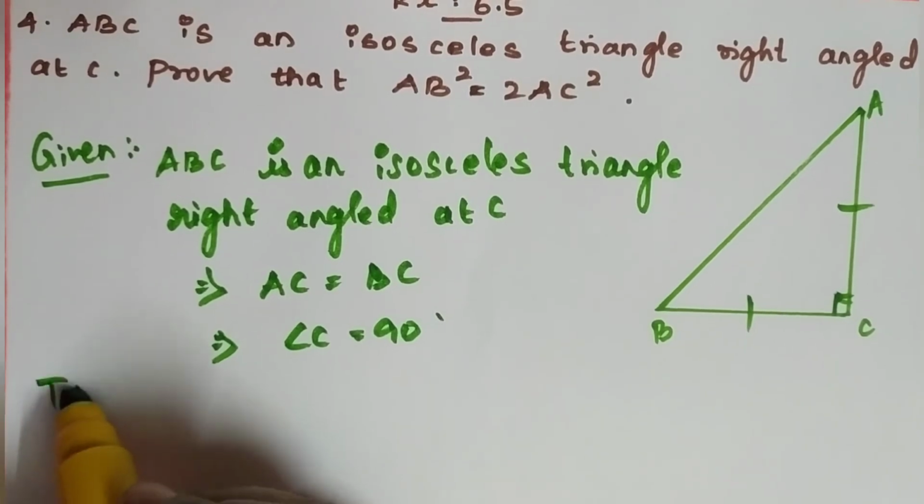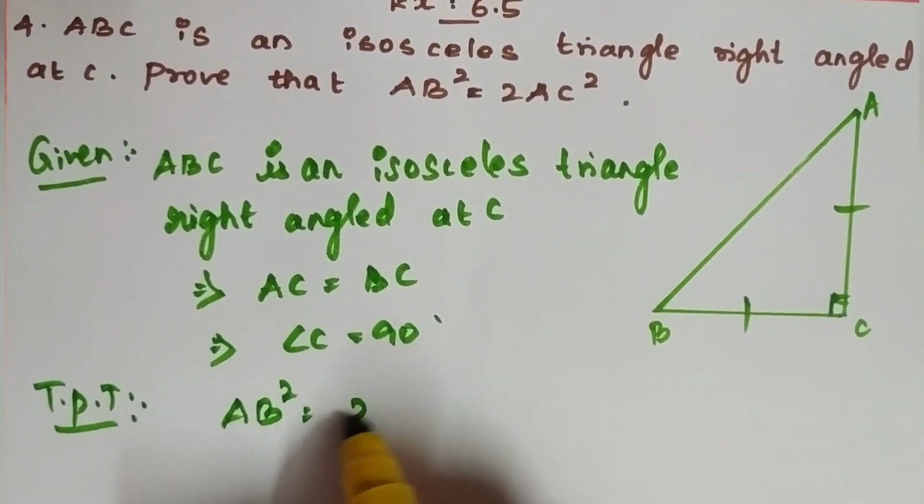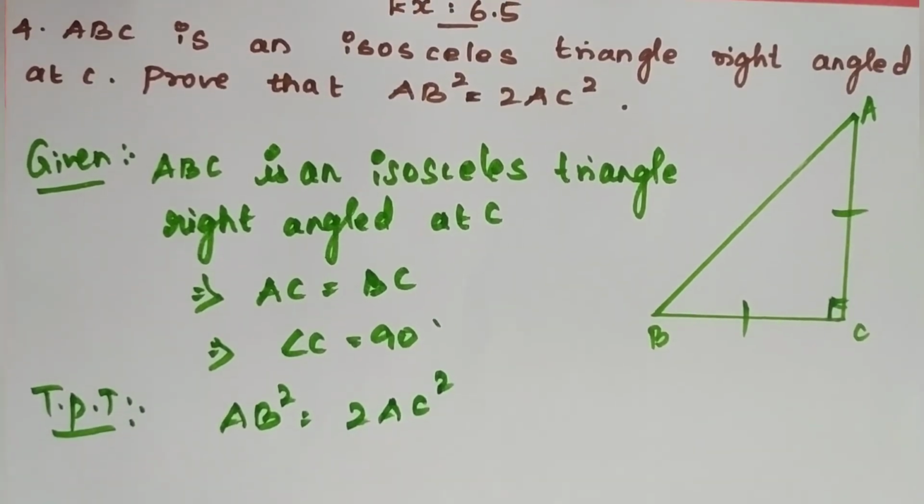We have to prove that AB square is equal to 2AC square.